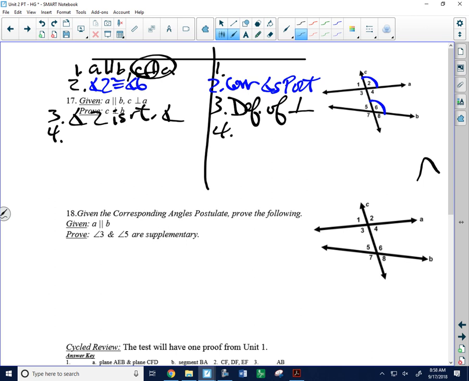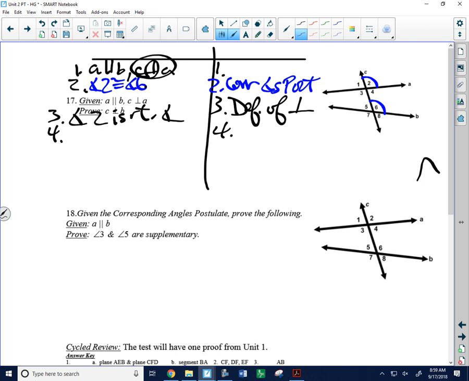Okay, and if you remember on this one, this was the one we did in class where there wasn't an easy plug in. Even though you'd like to just plug in 6 right there for 2, there's no property or theorem that says that. So you change each of steps 2 and 3 to an equation, and then you can substitute.